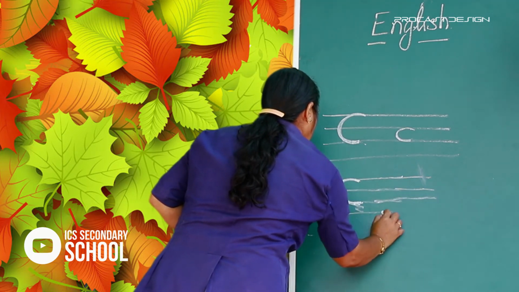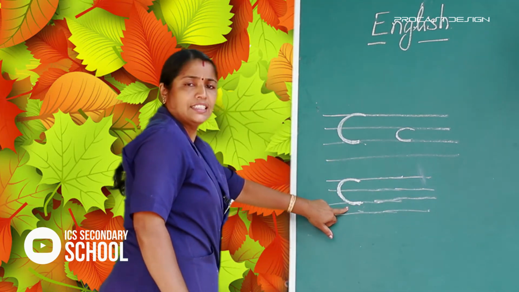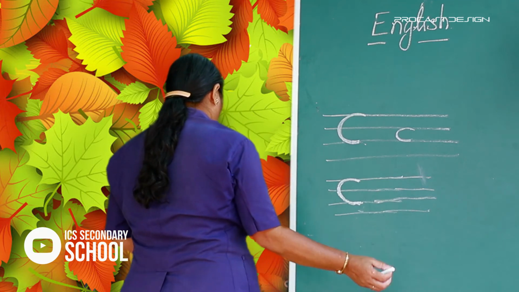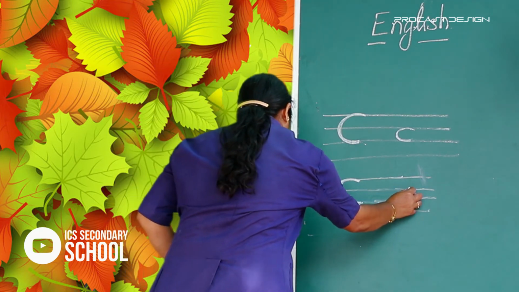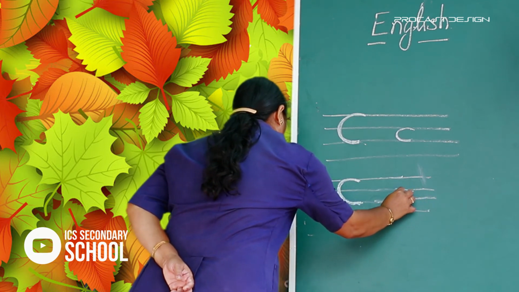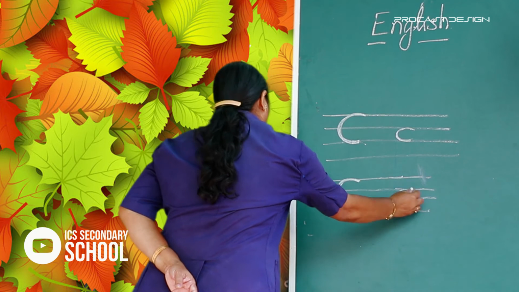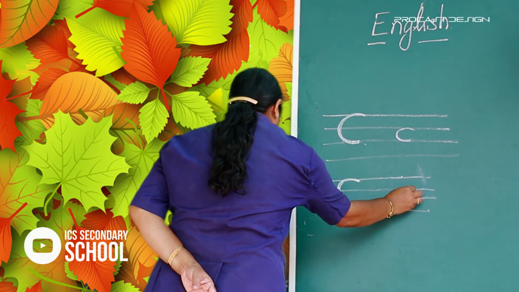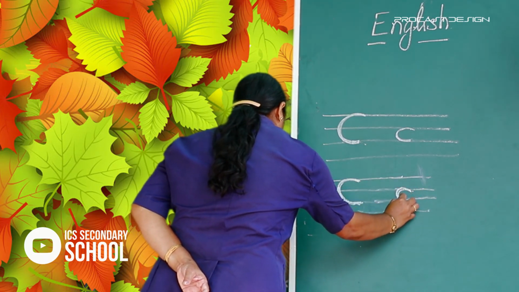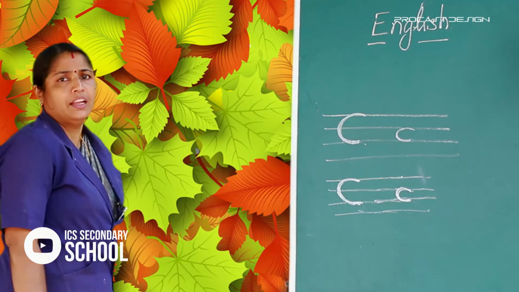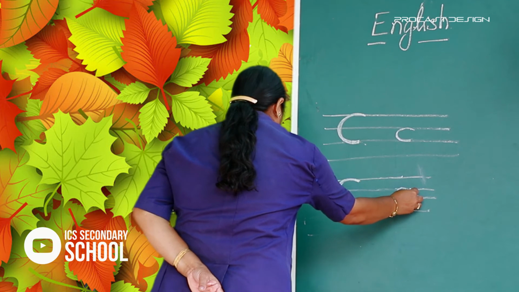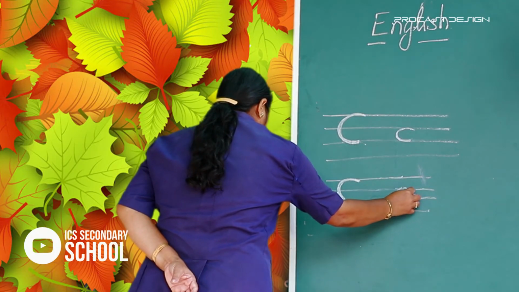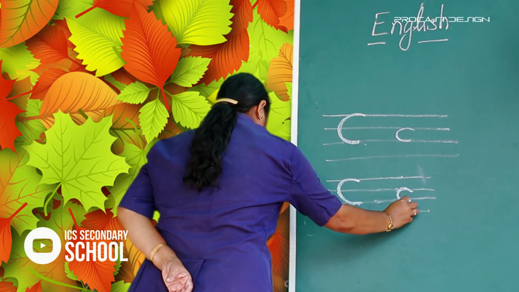This is capital letter C. Next, small letter C. Start from the middle and draw a curve till the bottom.